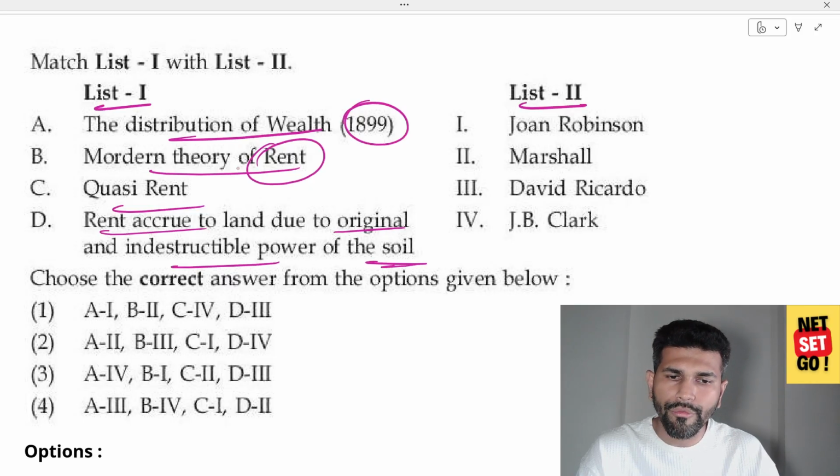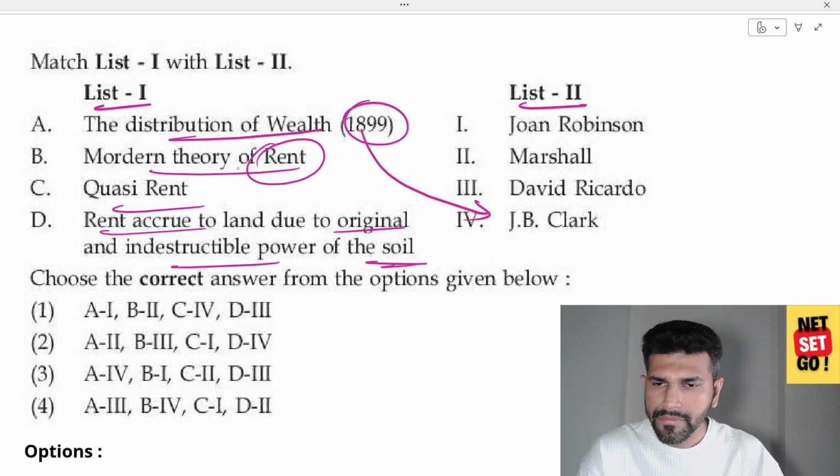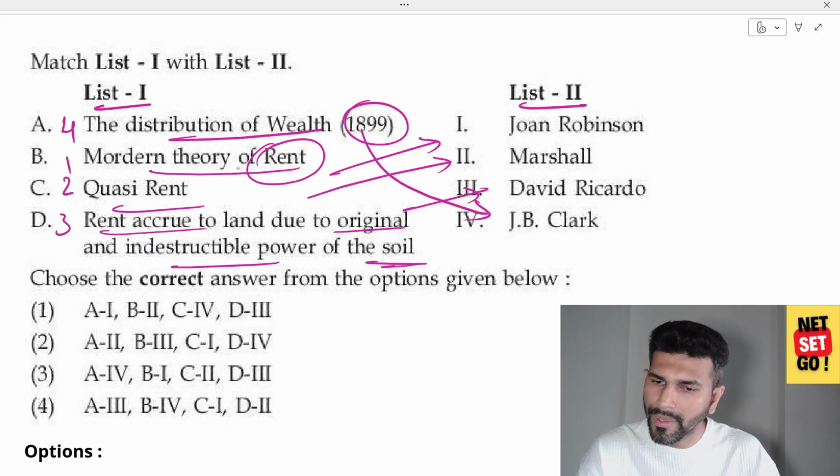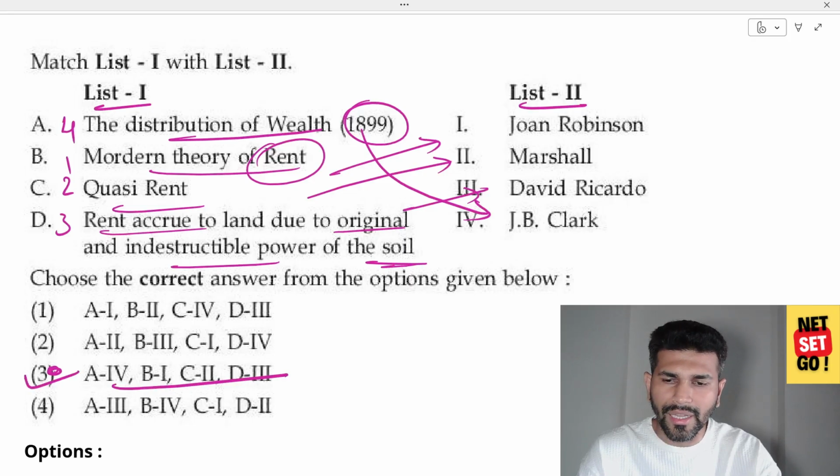So distribution of wealth was given by Clark, modern theory of rent by Robinson, quasi-rent by Marshall, and rent accrued to land by David Ricardo. The correct sequence is 4, 1, 2, 3. Option 3 is the correct answer.